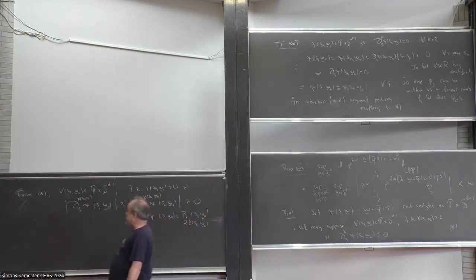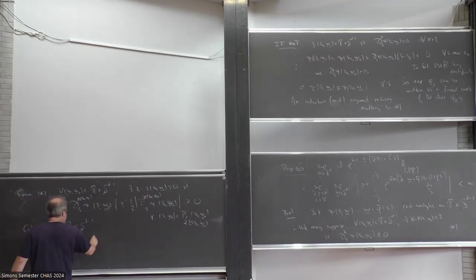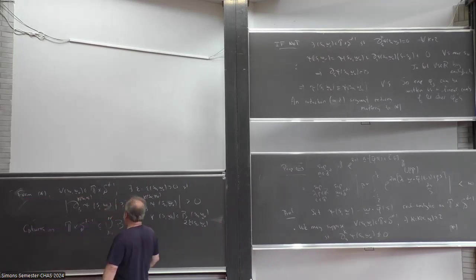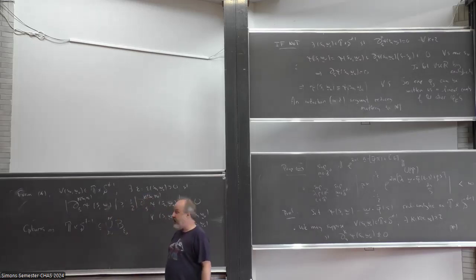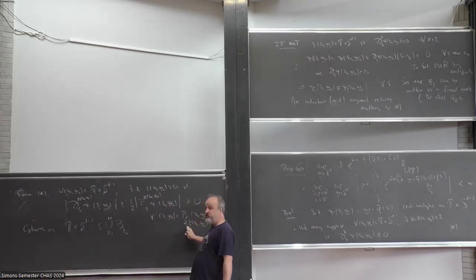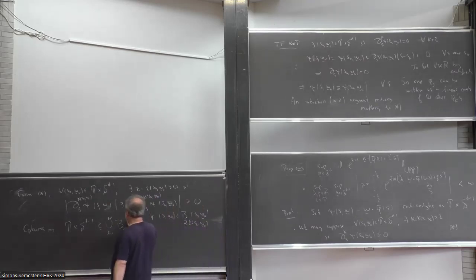And now I use compactness. Compactness implies that I can cover this compact manifold by a finite number of these balls, j from 1 to m, now of radius epsilon j. I take half of this, and this is true at these points f j, omega j.